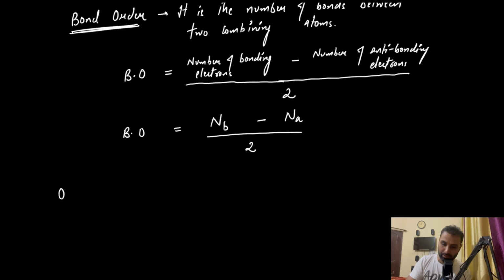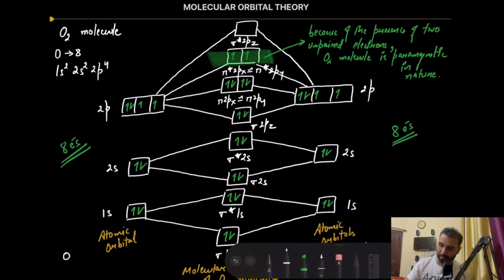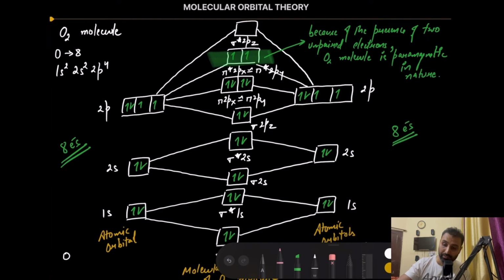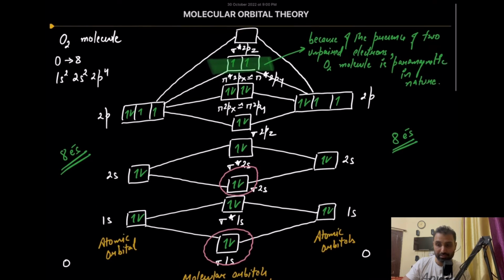I am writing O2 molecule now, and I am calculating its bond order. It is equal to, first of all, number of bonding electrons, and we have to count the number of anti-bonding electrons in O2 molecule. Here the bonding electrons are those in which we are not having stars. That's the bonding molecular orbital. That's again the bonding molecular orbital. So these will be the bonding electrons.